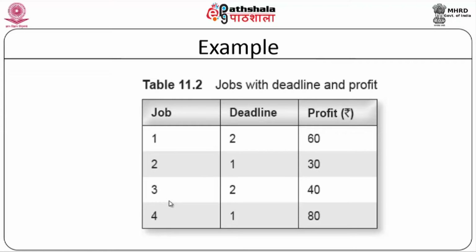So, if I allocate the second job, it will take 1 unit. By the time the deadline of job 4 has elapsed, I will not get any profit at all. So, in other words, this algorithm not only takes profit into account, but it has to take the deadline into account also.